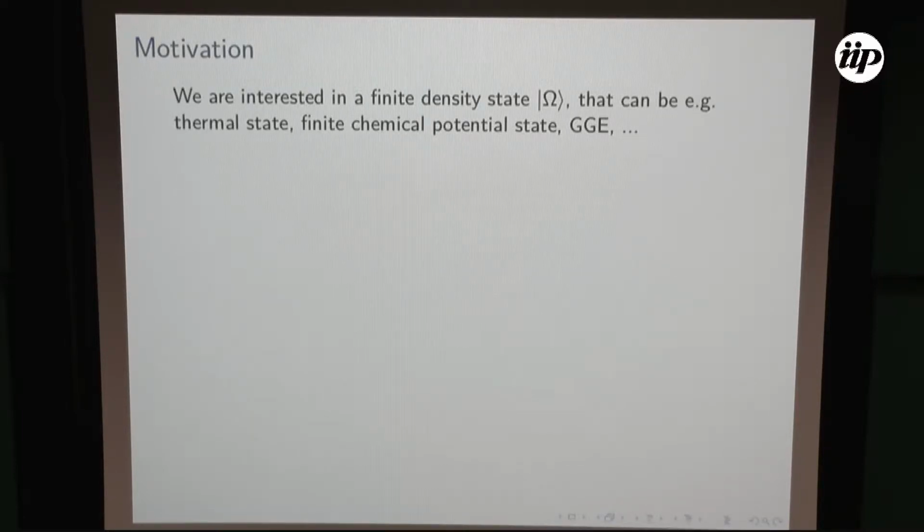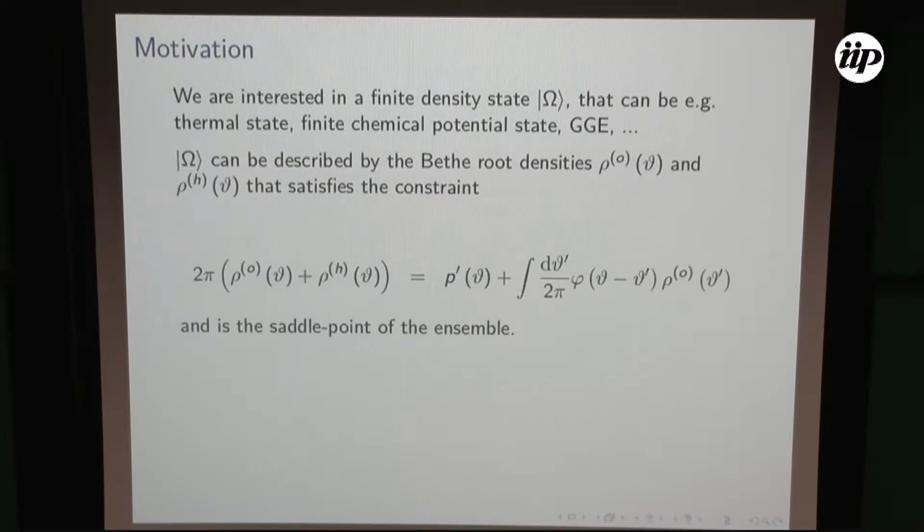Okay, so the basic setup that we are interested in is a system in a finite density state. This reference state, omega, was already considered by the GHD talks, or by Jacopo Maurizio. This can be a finite temperature thermal state, finite chemical potential, or a GGE. What's important for us is that we can describe this state by a Bethe root density denoted by rho occupied, and theta is the rapidity of these quasi-particles.